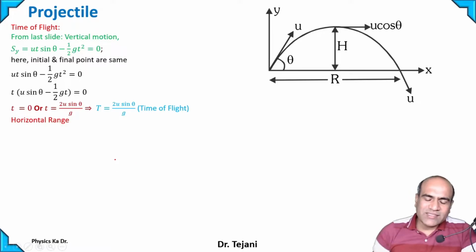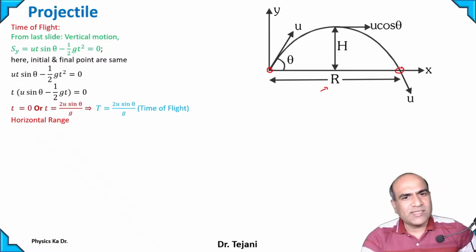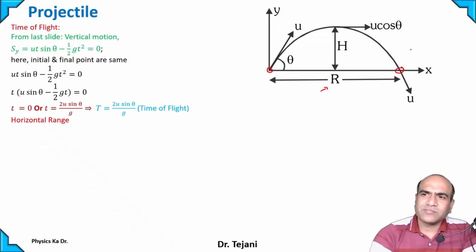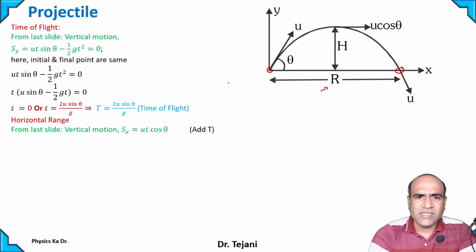Next is the horizontal range. R is the horizontal distance traveled by a projectile from the zero point until it finally strikes on the same level. So we again use the equations, this time for the horizontal part.